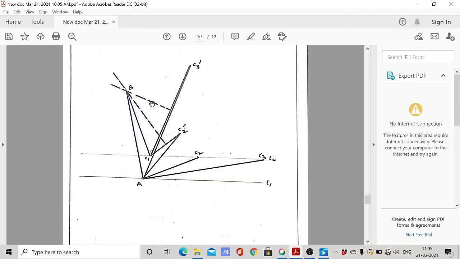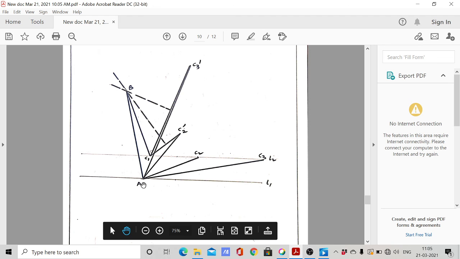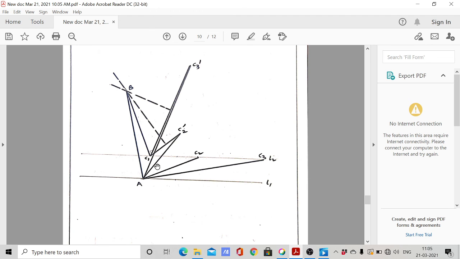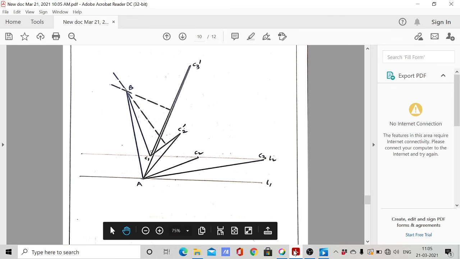These dashed lines represent the mid-normals and they are intersecting at the point B. So we have obtained the mechanism, that is A, B and C1, the required mechanism of the slider crank mechanism obtained using synthesis by function generation with the help of the inversion method.